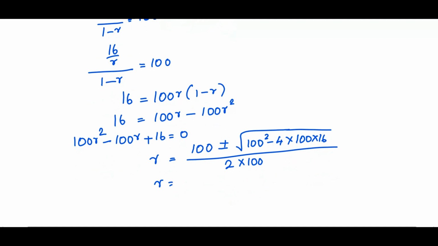On simplification of this, we get the R value as 4 over 5 and 1 over 5.